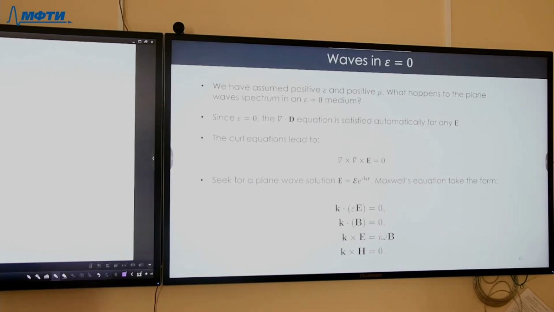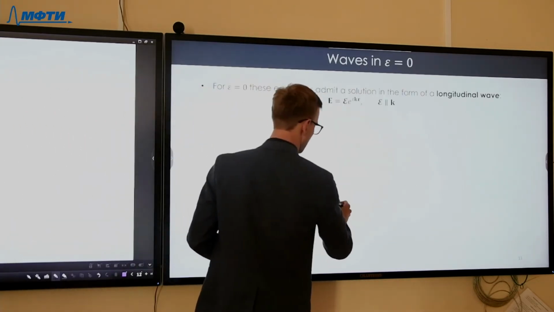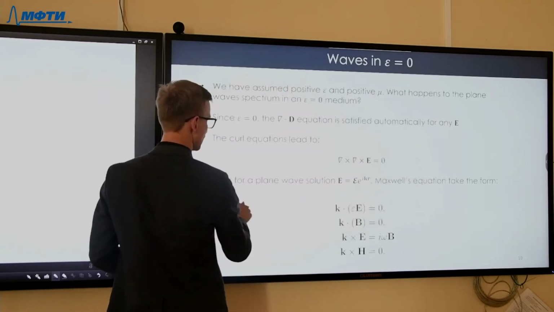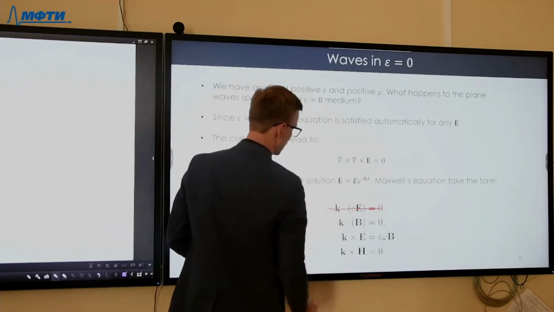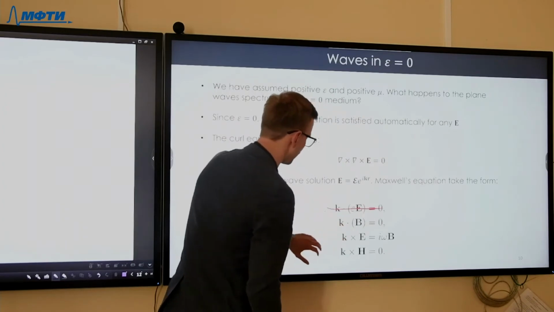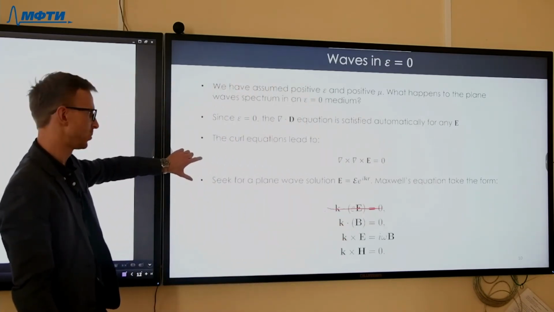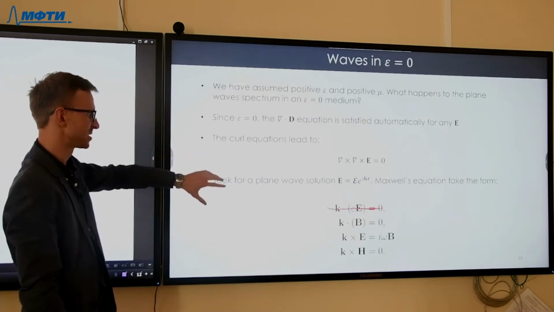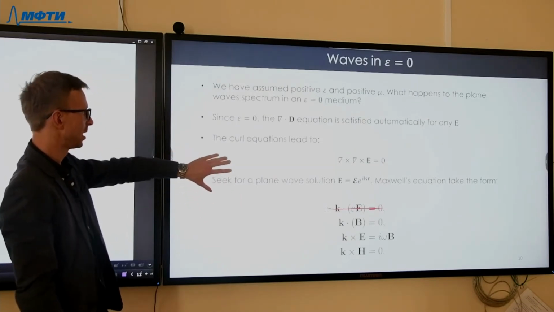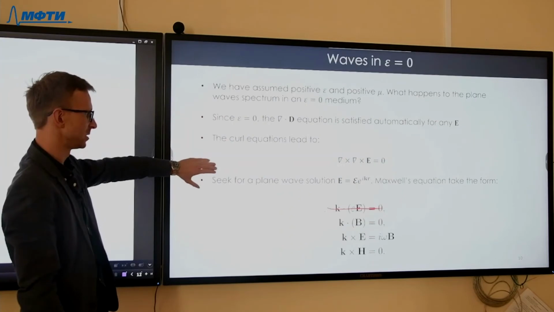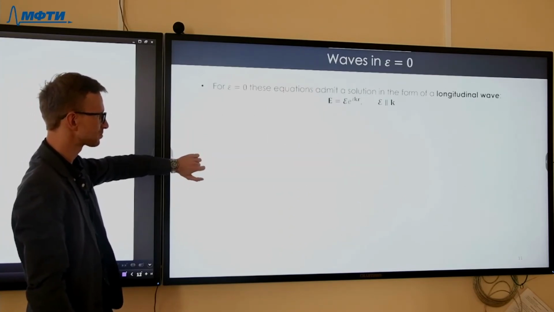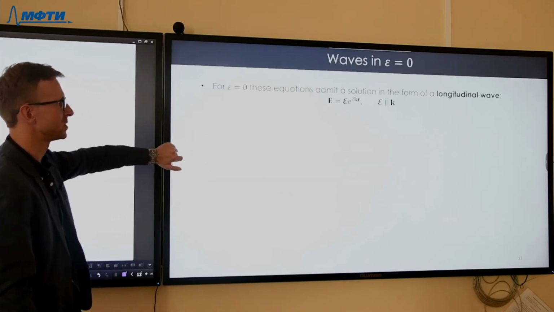And okay, so this equation is satisfied. So we need to take care of these three. And I'm going to show you that there is another kind of wave that satisfies this equation in the case of epsilon equals 0. Now this is a longitudinal wave.